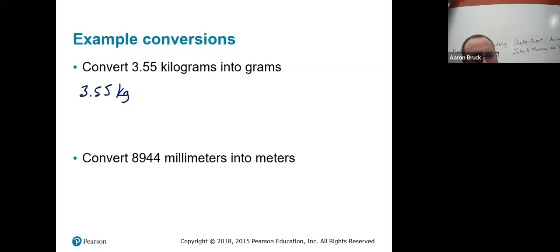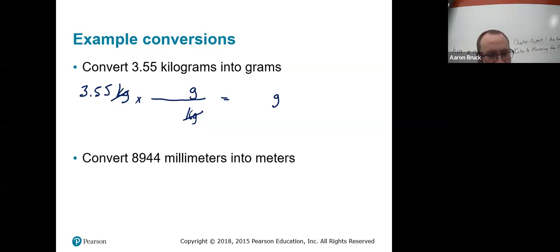Now, I want to turn this into grams, so I need a conversion factor. The conversion factor that I need is going to cancel out kilograms. So kilograms are going to go in the denominator of my conversion factor so that they cancel out, and grams is going to be in the numerator so that it's left over. All I need now are the numbers that go into that.